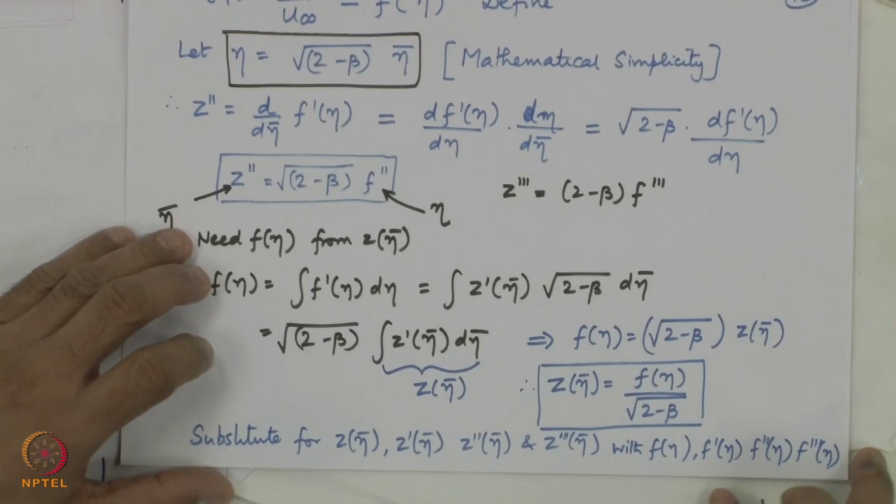Once I do this transformation, I will get a simplified ordinary differential equation which looks a little nicer. You please do the maths here and you will get an ordinary differential equation which looks nice.